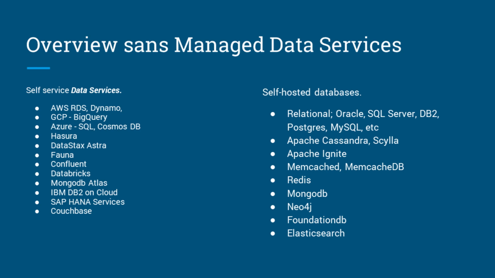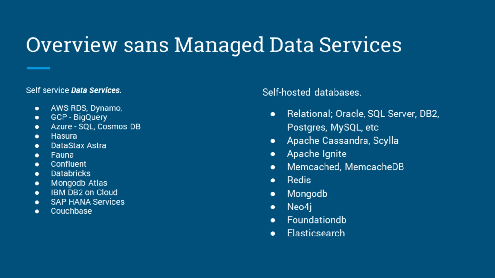The self-hosted databases, there's always the relational option, which is still the most prominent option that you see out there. Almost every company has a relational database somewhere doing something, storing lots of different data. Then there's some of the newer options, like the whole NoSQL trend around Apache Cassandra.